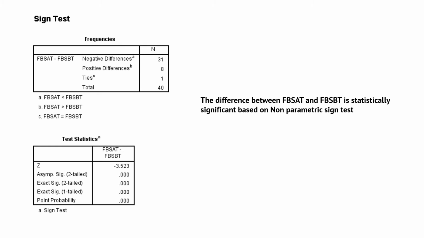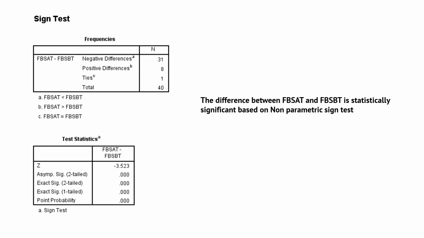Okay, 8 positive differences. That means FBS-AT is more than FBS-BT. Ties 1 time. That means the FBS-AT value is exactly the same as the FBS-BT value. So 31 times negative difference, 8 times positive difference.